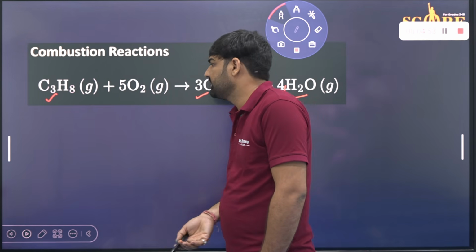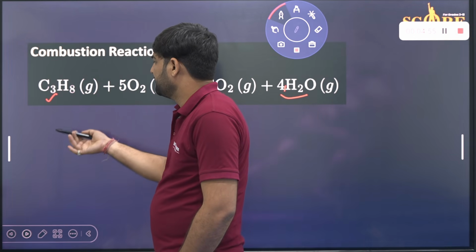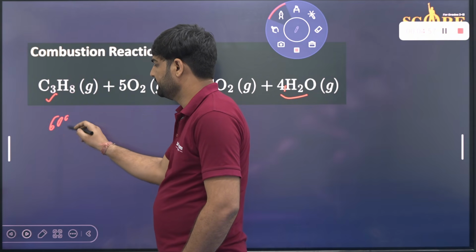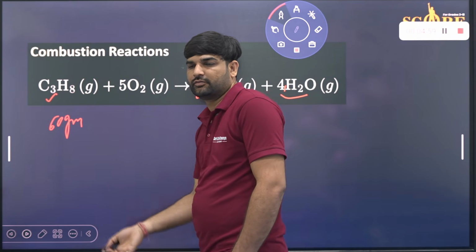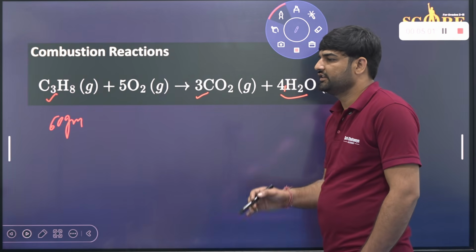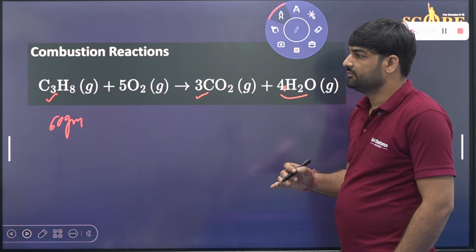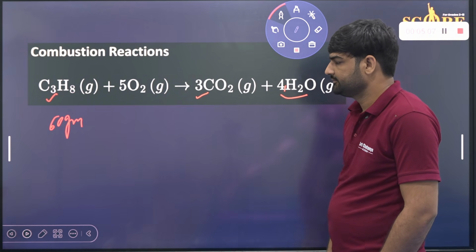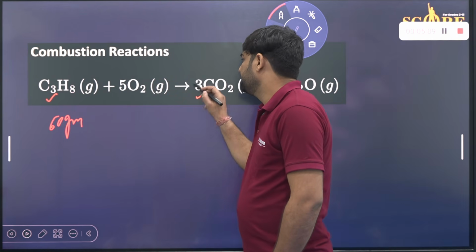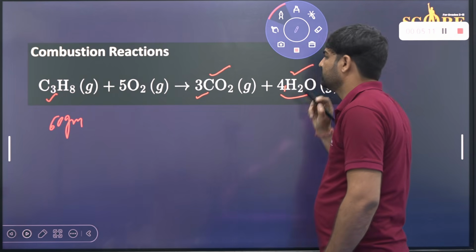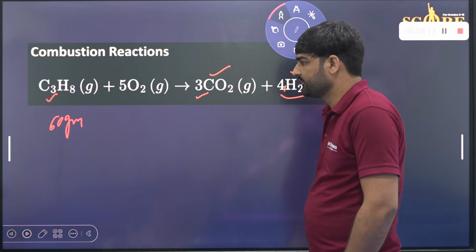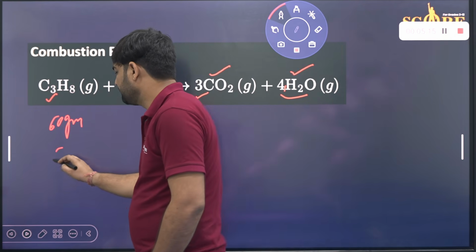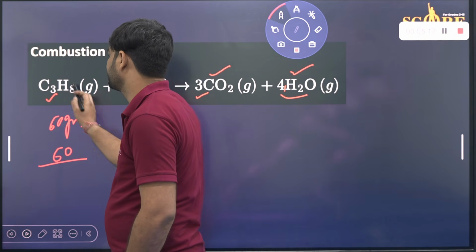There is a simple question. Say 60 gram of X is burnt in excess of oxygen. Then what will be the mass of CO2 and H2O formed? This is the question. First of all, you have to calculate the molar mass of this.